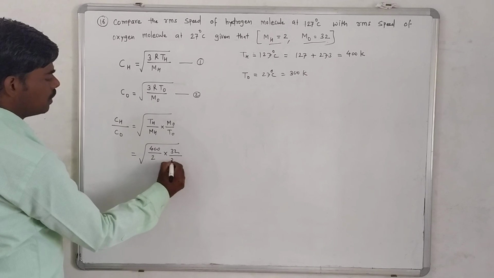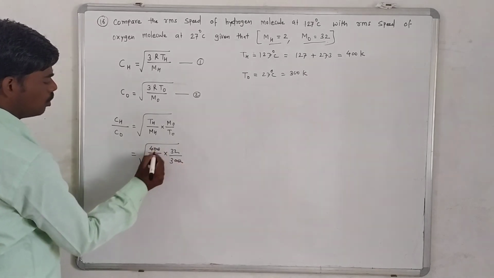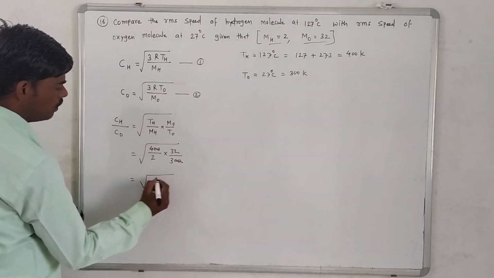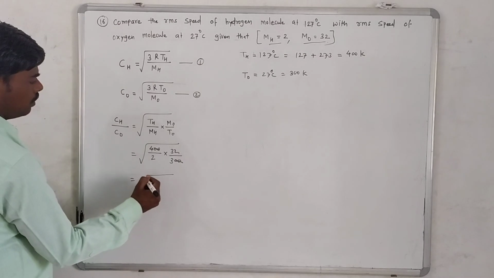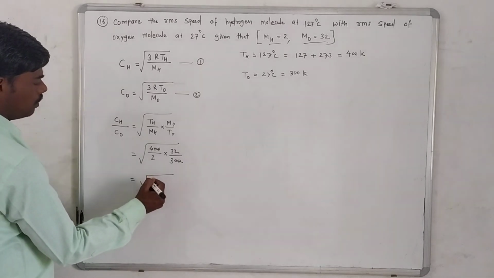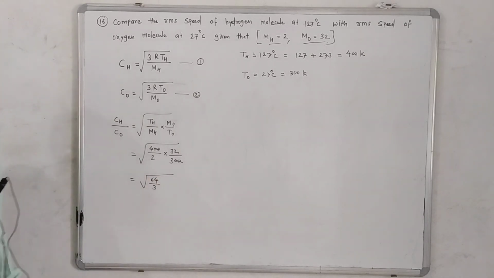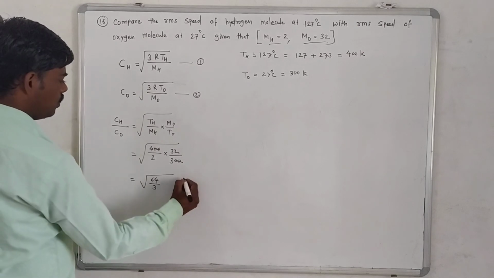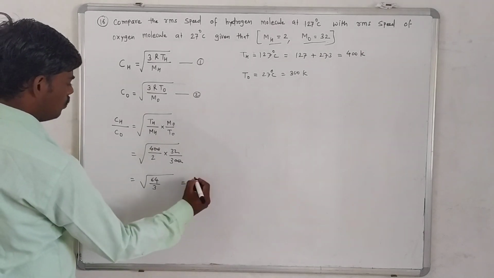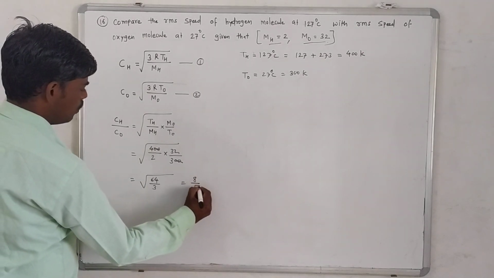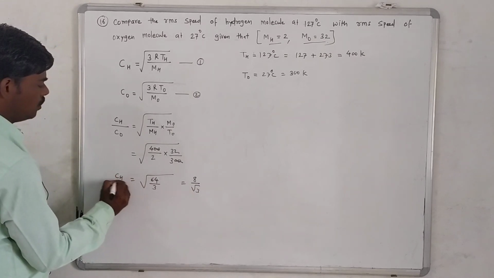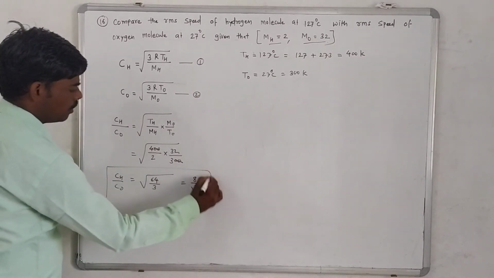Then T_O is 300. On solving, what do we get? 864 by 3, which means 8 by root 3. This is your final answer: 8 by root 3.